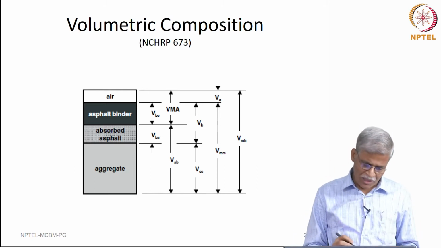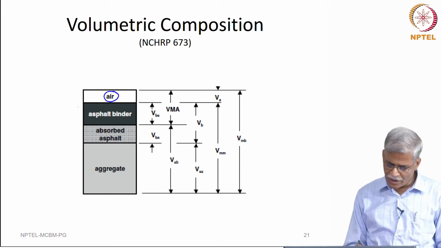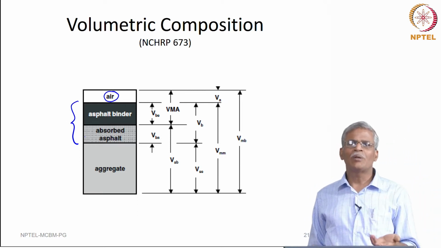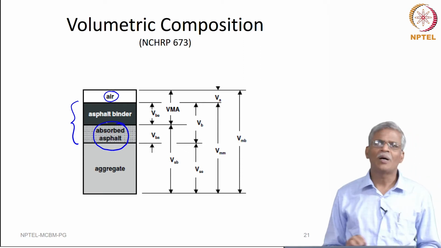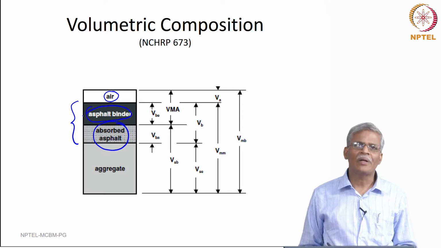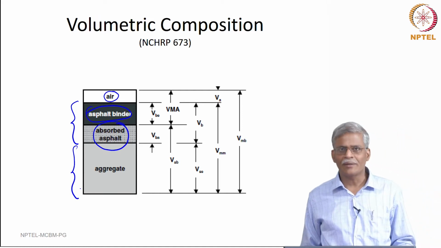So, what you are seeing here is the air voids, what you are seeing here is the total asphalt that you have added to the material, out of which some portion is going to be absorbed by the material, and this is the effective asphalt that is going to be available, and this is the amount of aggregate that is added here, right.